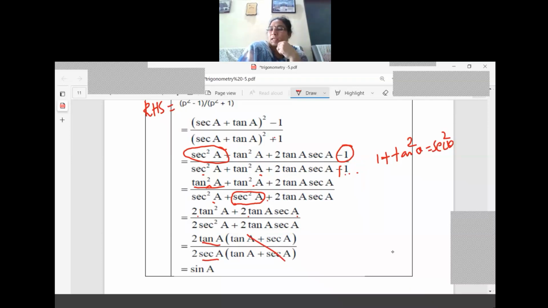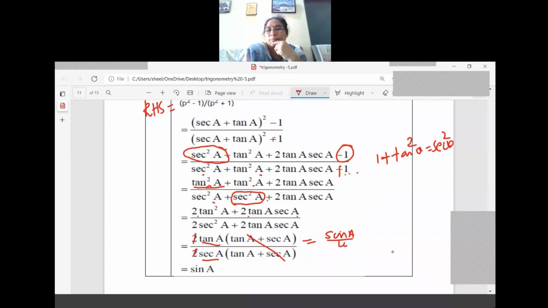So these two brackets will get cancelled, and 2 also will get cancelled. Now tan A can be written as sin A by cos A, and in the denominator sec A is 1 by cos A. That means cos will get cancelled. So what is remaining? Sin A, that is our LHS.